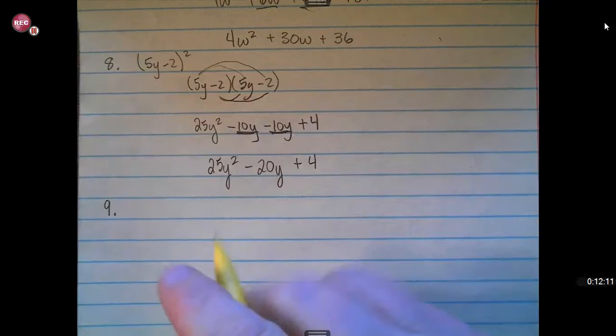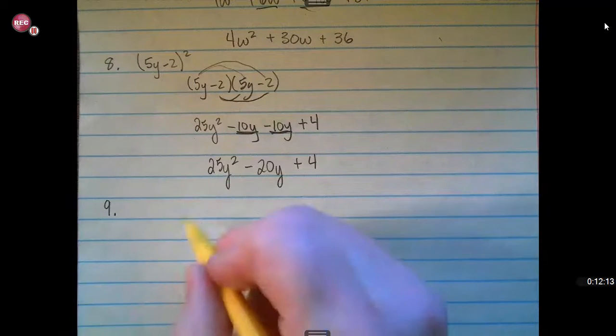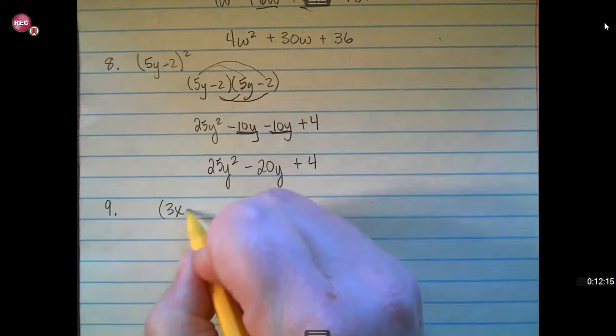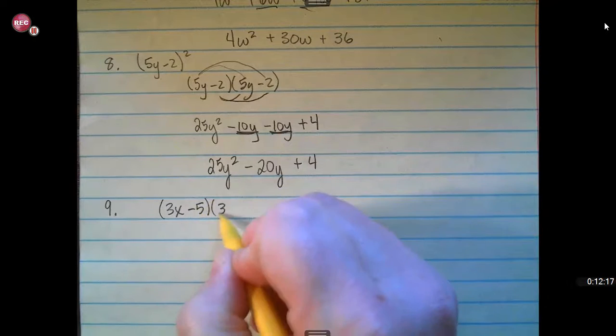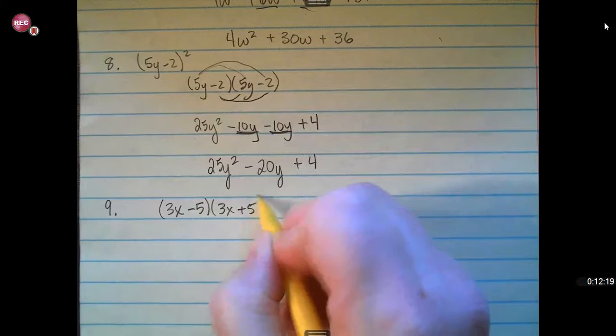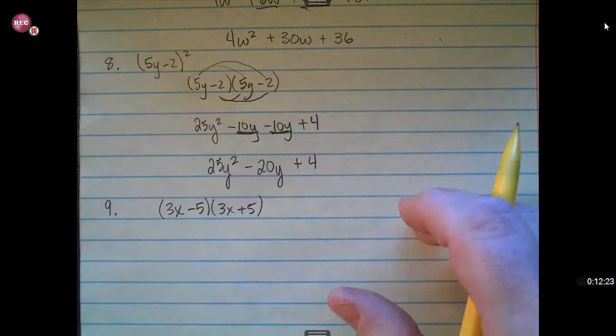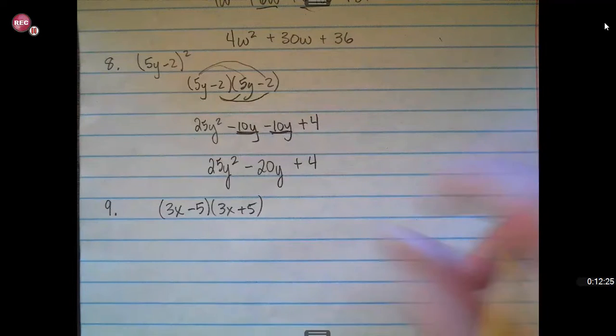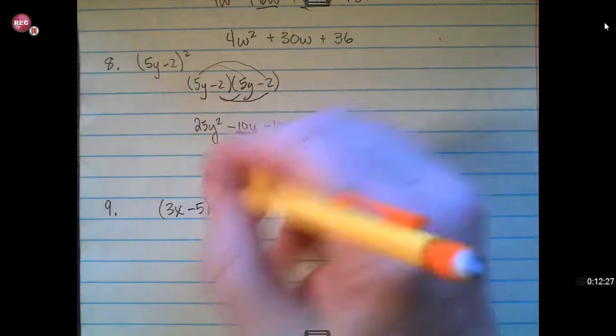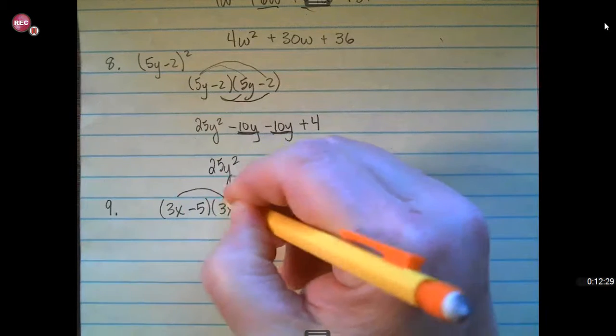Number 9, we have 3x minus 5 times 3x plus 5. And these are, if you recognize, these are conjugates. And if you remember, when you multiply conjugates, that middle term drops out. But I'll show you the whole thing. Again, distribute, I get 9x squared.